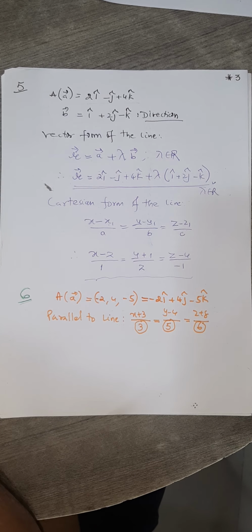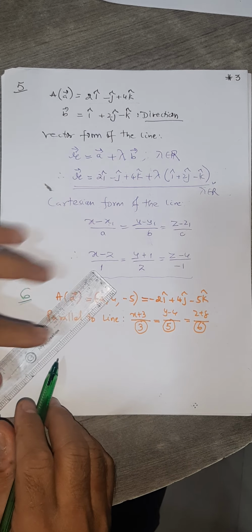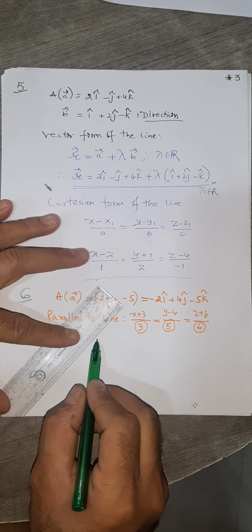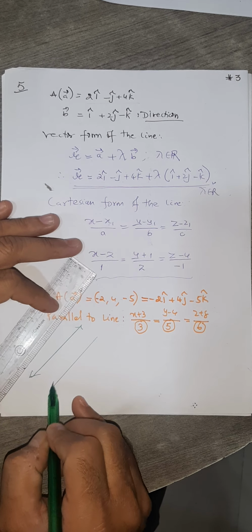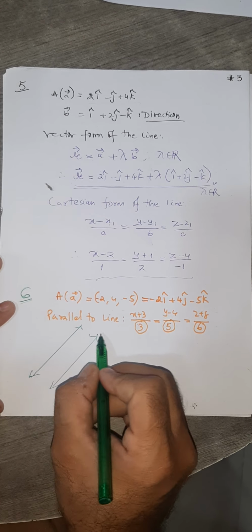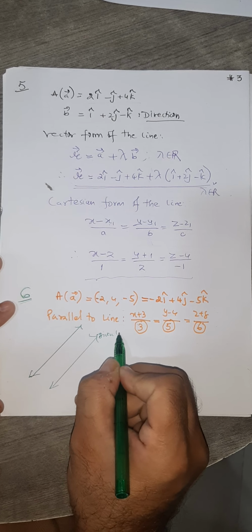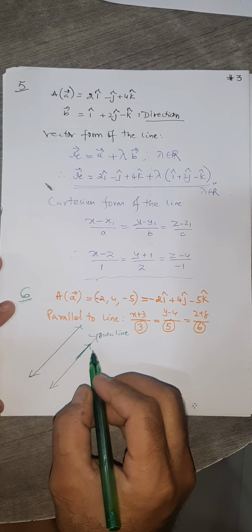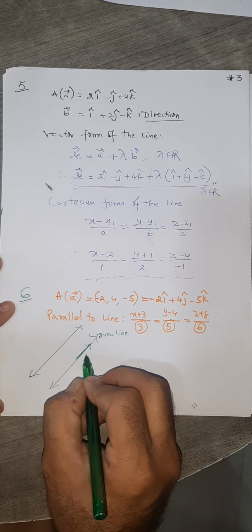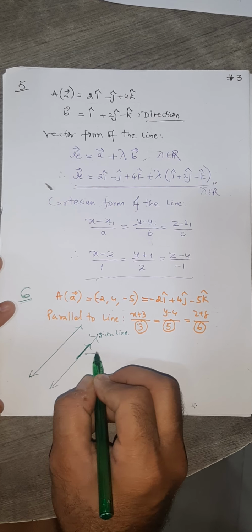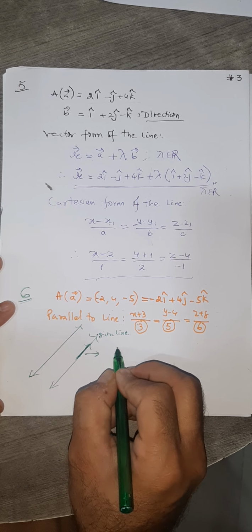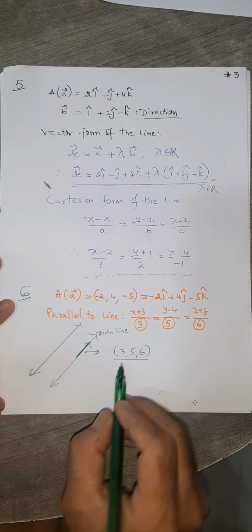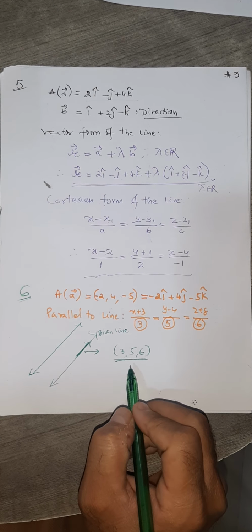Now here it's like this, remember. For example, this is our required line and this is the given line. They are parallel, remember. The direction of this given line is known to you. It is 3, 5, 6, the components of this one.